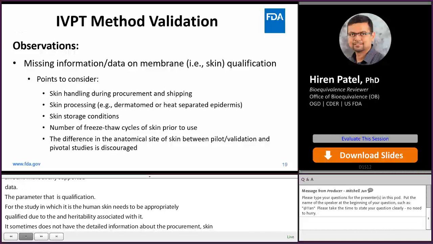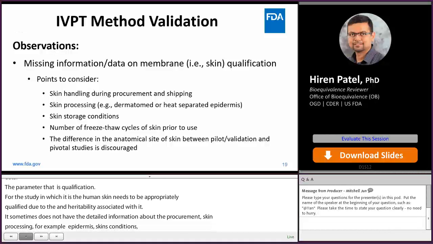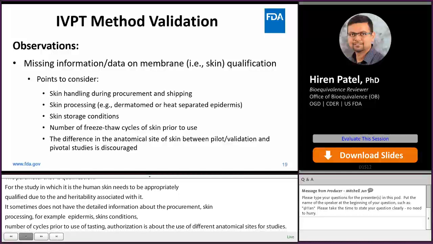Another observation is about the use of different anatomical sites for validation versus pivotal studies. For example, the validation or pilot study is carried out using back region skin, whereas for the pivotal study, skin from the thigh region is used, or vice versa.